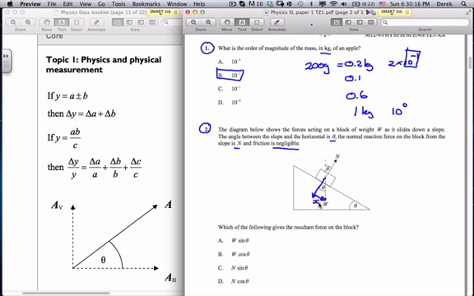If we have this as X, we would have X over W is equal to sine of theta, just using our right angle trigonometry, because that's a right angle there. And so X is equal to W sine of theta. So A is the correct answer there.